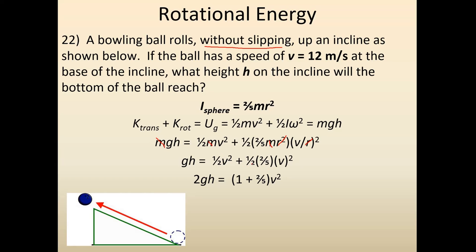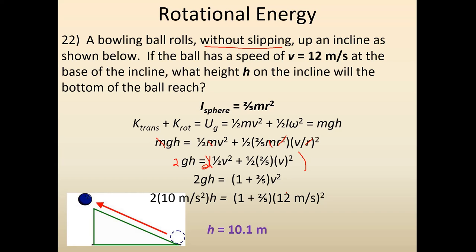But one thing I noticed is that both these terms have a 1/2, so I'm going to multiply both sides by 2. And since both of these terms have a v squared, I'm going to factor out that v squared. So I end up with 2gh equals 1 plus 2/5 v squared. I plug my numbers in, and I get my answer as the max height being 10.1 meters.